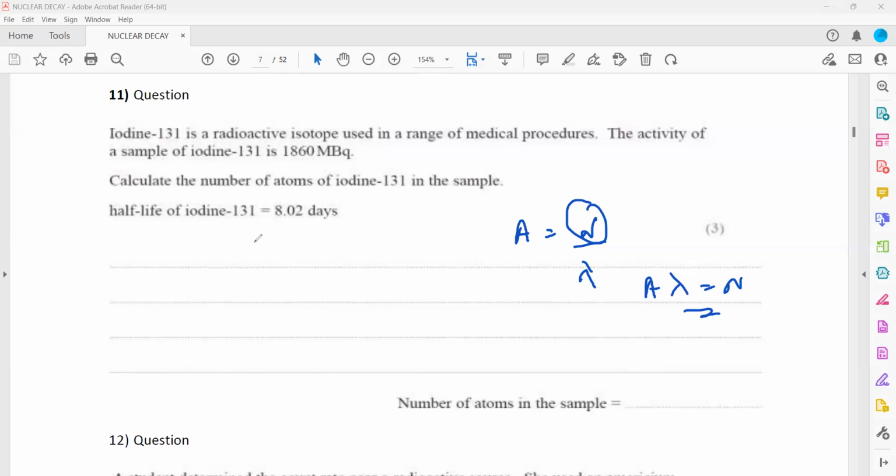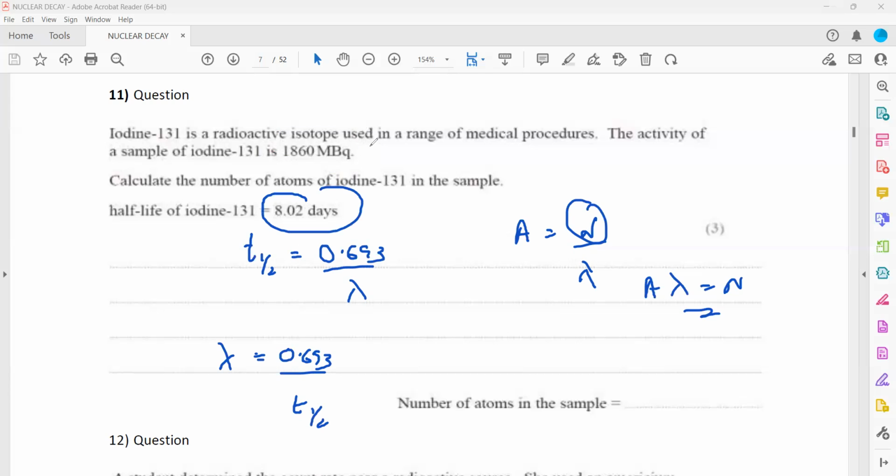So first we have to work out the lambda. We have the formula that T half, the half-life, is equal to 0.693 divided by lambda. So lambda is equal to 0.693 divided by T half, but that is given in days. Activity is how many disintegrations per second, that is becquerel. So we have to convert time into seconds. So this is 0.693 divided by the time, 8.02 days.